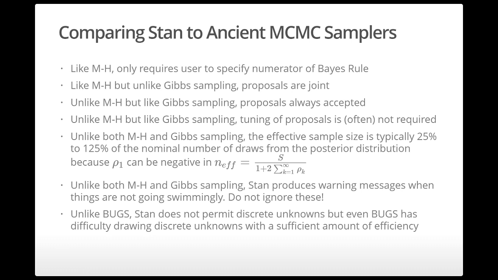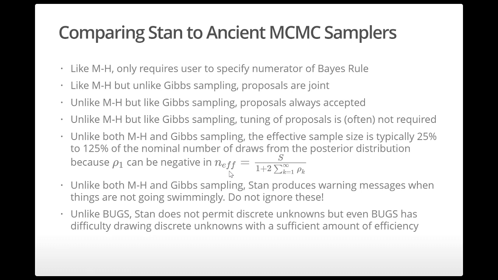So the sum is positive, and you're dividing the nominal sample size by a potentially big positive number. What Stan achieves with its algorithm, the first autocorrelation should be quite negative. And so the subsequent ones may be positive or whatever, but you're combining a fairly big negative number with some positive numbers. Anyway, the sum tends to be closer to 0, and the effective sample size tends to be closer to the nominal sample size.